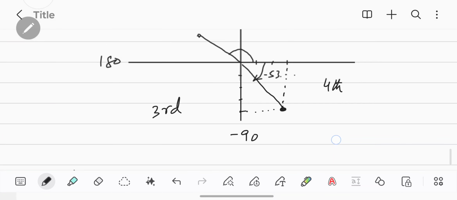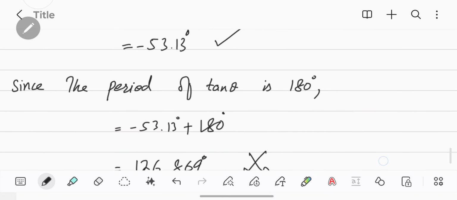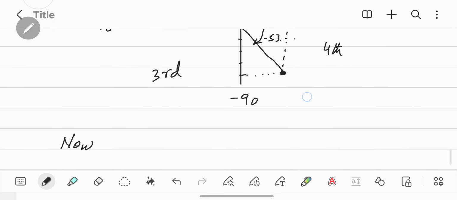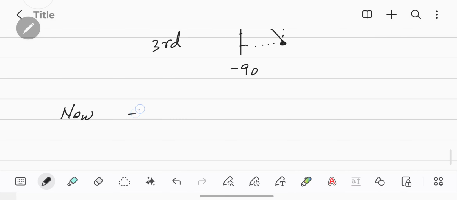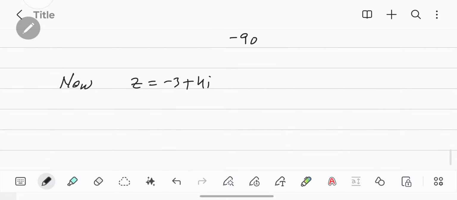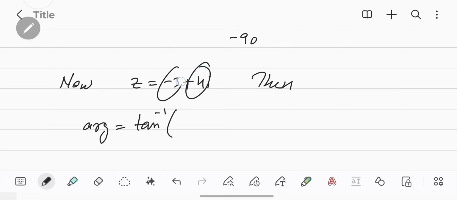Now we do another example. We take another number which is similar to this one but not this one. Suppose we take negative 3 comma 4. I mean z is equal to negative 3 plus 4 iota. Then what will be the argument? Okay, then the argument of z will be tangent inverse of b by a.